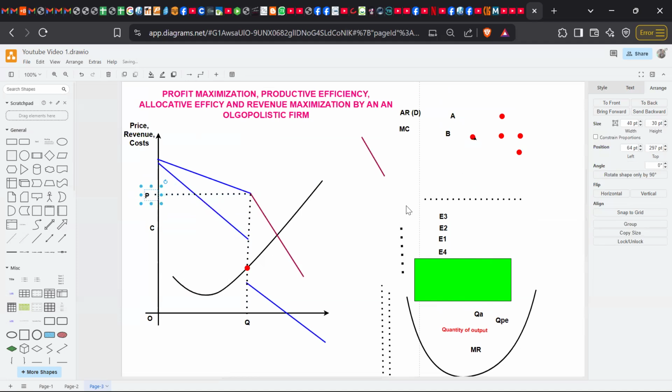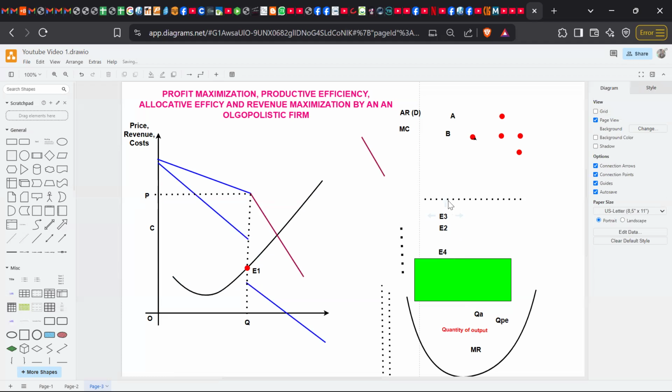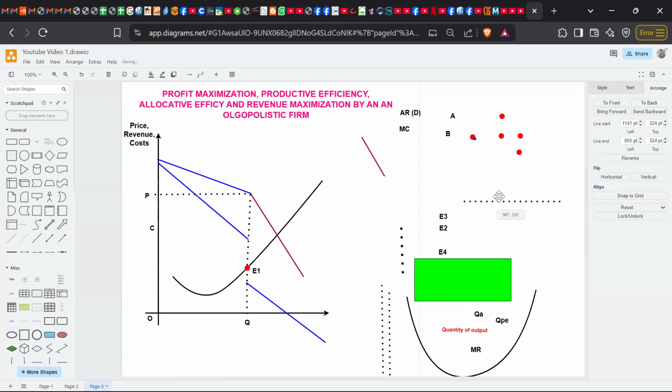Okay, so MC equal to MR is the equilibrium point, E1, where the firm has MC equal to MR, where that identity determines the equilibrium price P at the kink.